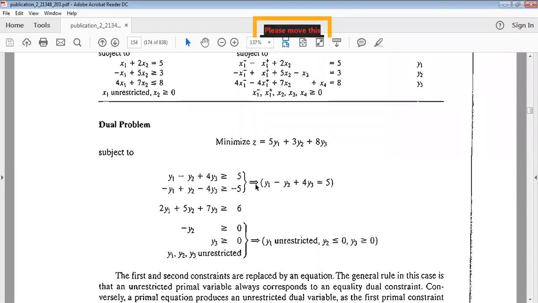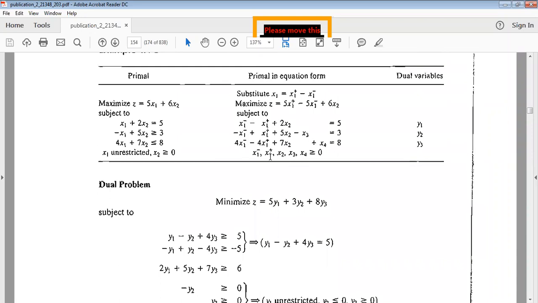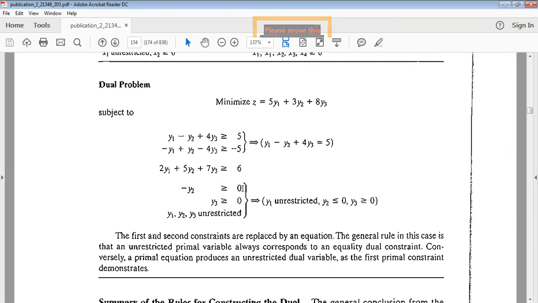So he has simply shown it. Next y2, all these things, and from these things y2 and y3. This is nothing but y2 minus y2 and correspond to this particular thing. Minus y3 is also 0 and minus y2 greater than 0, minus plus y3 greater than 0.